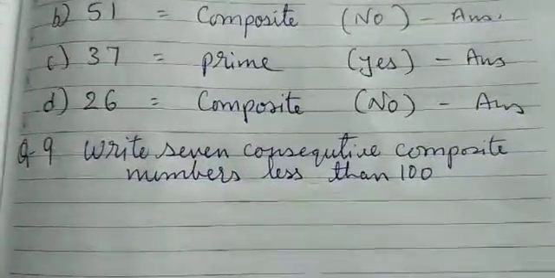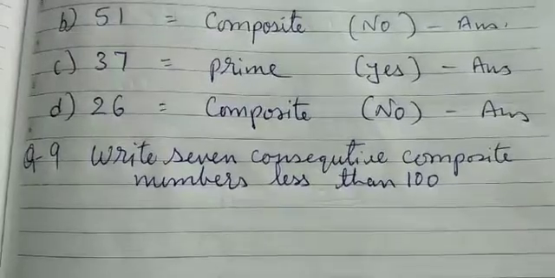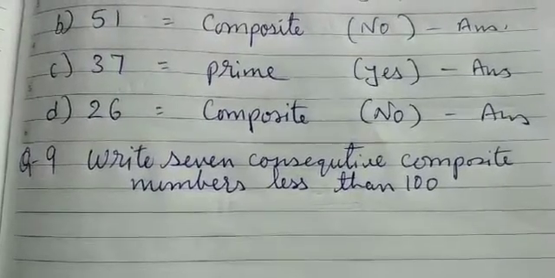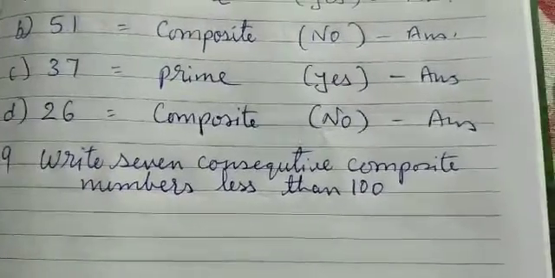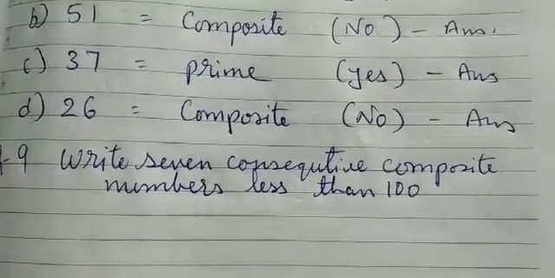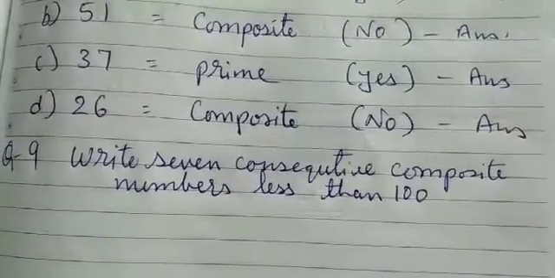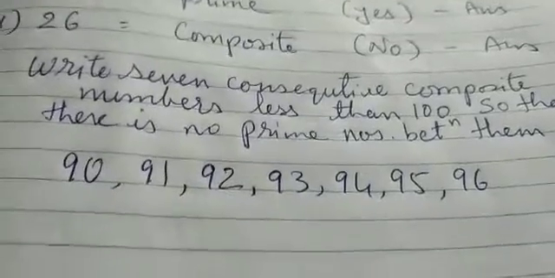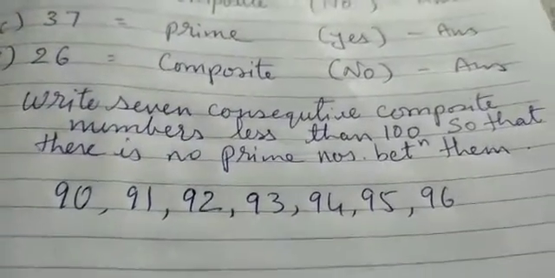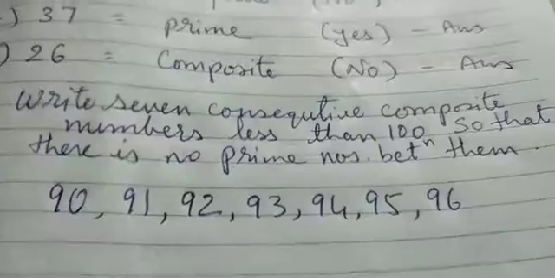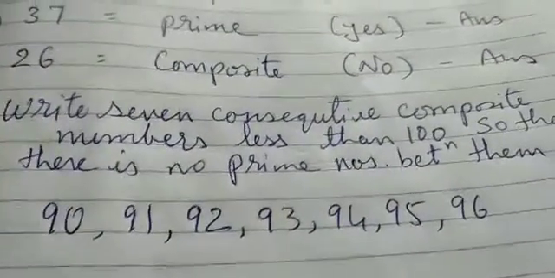How many? 7. That means there should be no prime numbers in between those 7 numbers. We have to write 7 consecutive composite numbers less than 100. Let's see. The answer is 90, 91, 92, 93, 94, 95 and 96. Okay.